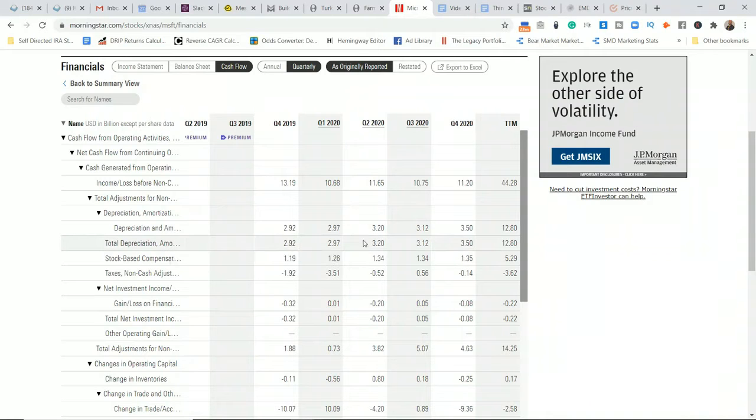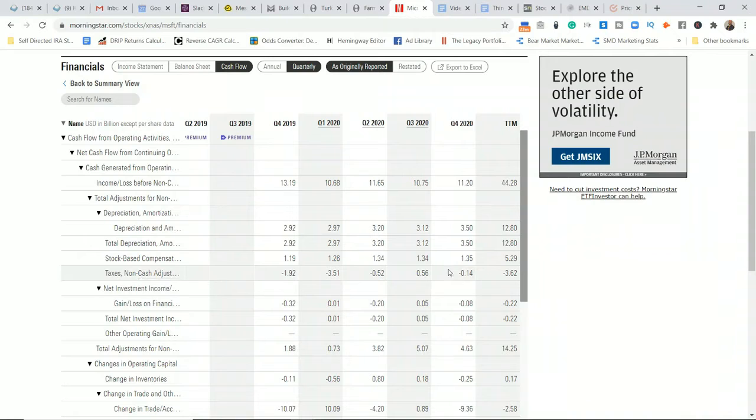This, again, is an expense, but it's not cash, which is non-cash. I hope I'm explaining this well enough. If I'm not, let me know in the comments below, and I'll try to explain things better. But this is why the cash flow statement is intimidating to many people, because there's so many different things you need to know on here. And typically it's on each line you need to know different things.